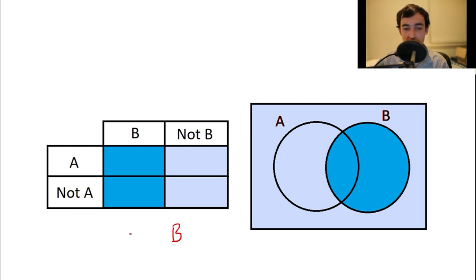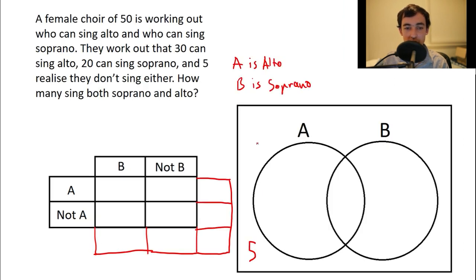And this over here is going to be the total of everything in B. So if B is soprano, and 20 people can sing soprano, that means we can put 20 in here because that's the total of everything in B. And these two are going to add up to 20.